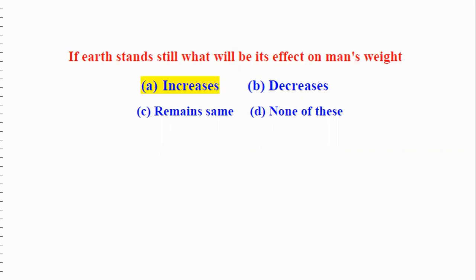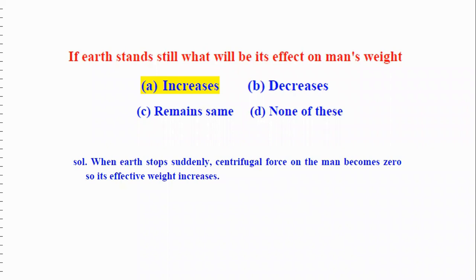When the earth suddenly stops, the weight of the man on the earth increases. When the earth stops suddenly, the centrifugal force on the man becomes 0. So the effective weight of the man increases.